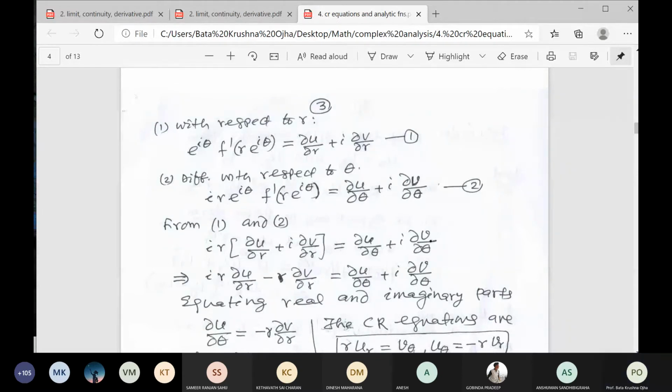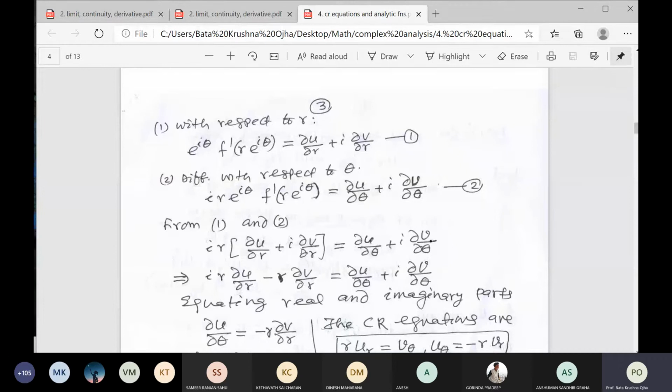So from 1 and 2, put the value of equation 1 in equation 2.